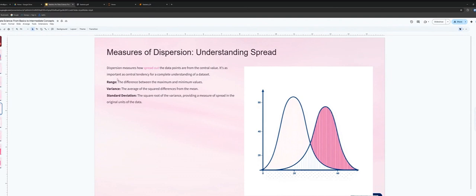So what all includes: range, variance, and standard deviation. So what is range? Range is the difference between the maximum and minimum value. And what is variance? The average of the squared difference from the mean, and standard deviation is the square root of the variance, providing a measure of spread in the original unit.